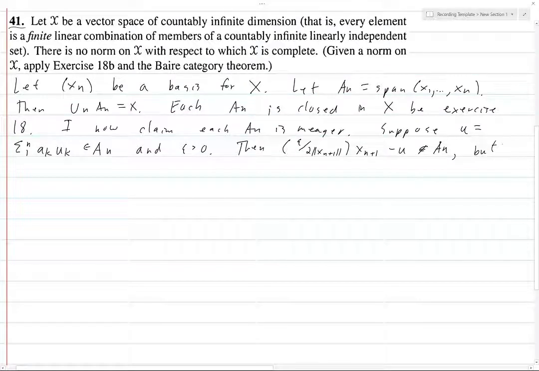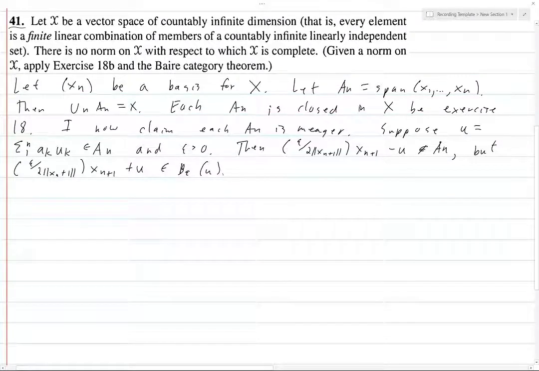But what about the distance between these? We know that epsilon over 2 norm x_{n+1} times x_{n+1} plus u is in the ball B epsilon of u.